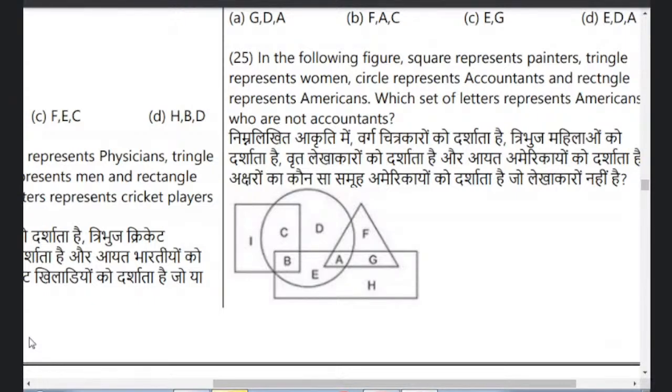Up to 8 o'clock I will provide you the PDF of 300 questions. Then solve it at 12 o'clock tomorrow afternoon. 1 hour is okay with you?